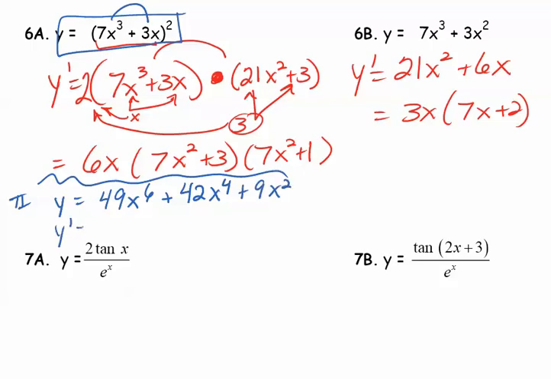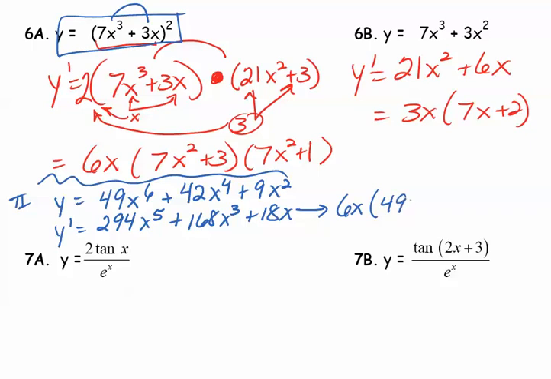And then if we did y prime, if this were a 6 times 50, that would be 300. So I guess this should be a 294 x to the 5th when I do the power rule, and a 168 x to the 3rd, and an 18x. And now I'm curious whether we've got the same answer, so I think 6x is a GCF here.